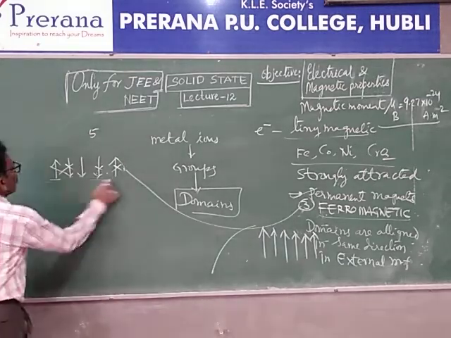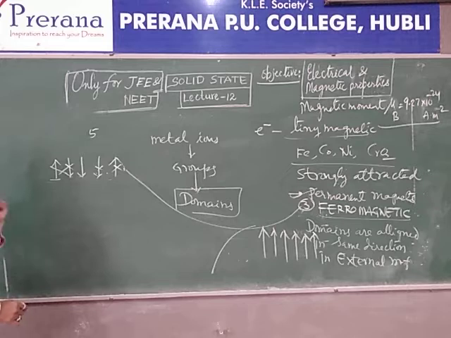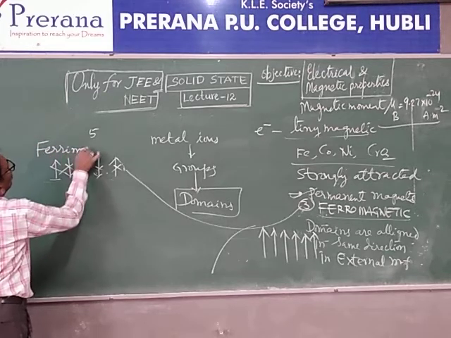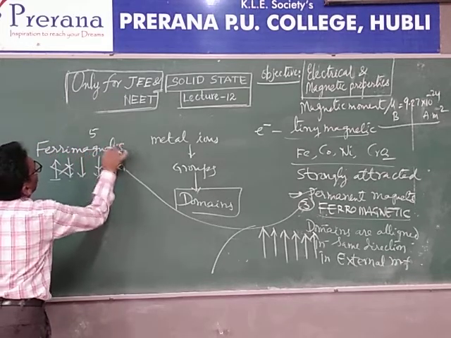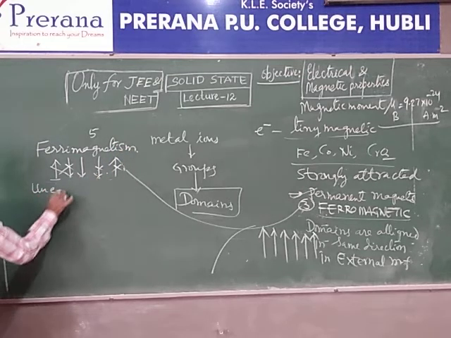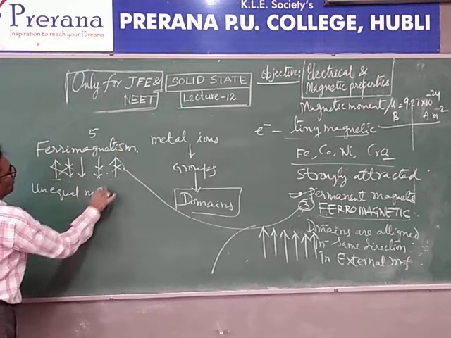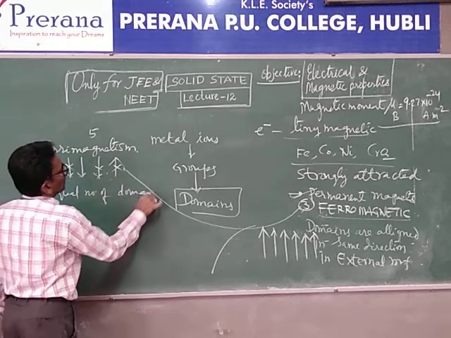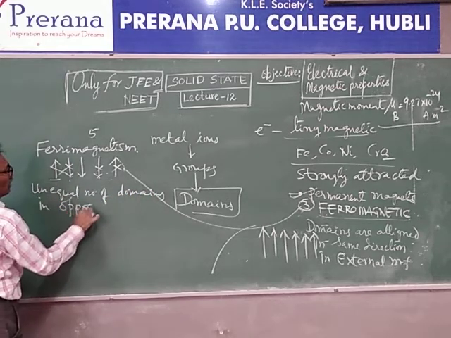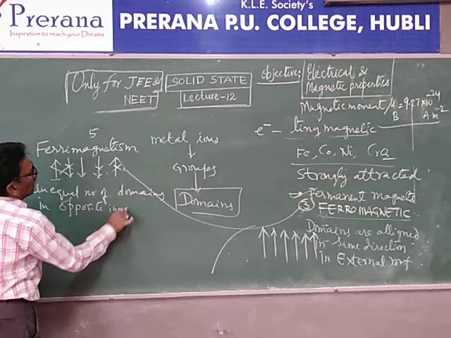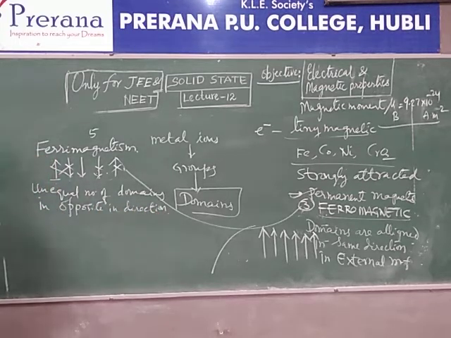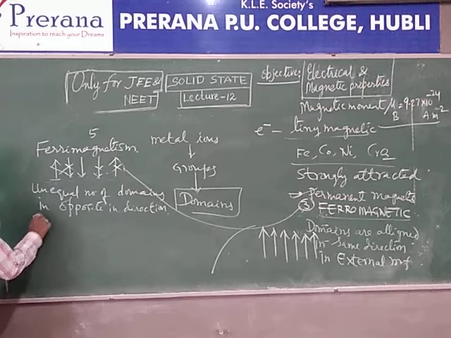Such materials are known as ferrimagnetic materials. Ferrimagnetism. How do you define it? Unequal number of domains in opposite directions. That is the reason.